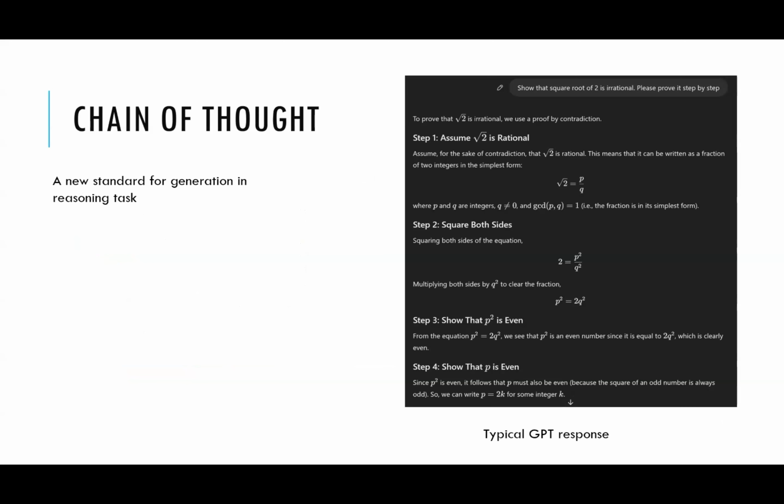If you let the model directly output the answer, compared to step-by-step then output the answer, there is a significant increase in performance. So this is a typical GPT response. So how can we learn from these techniques in Lean?